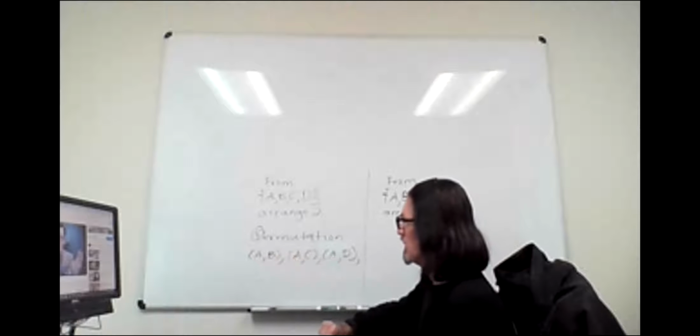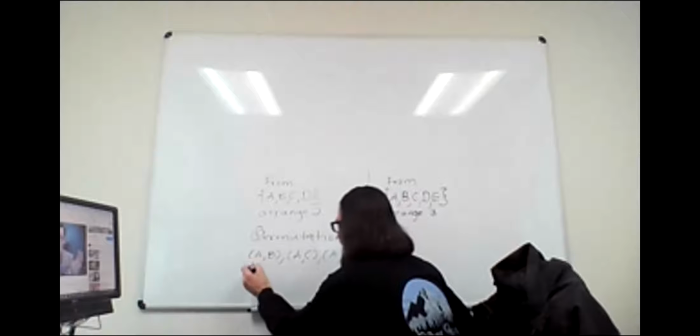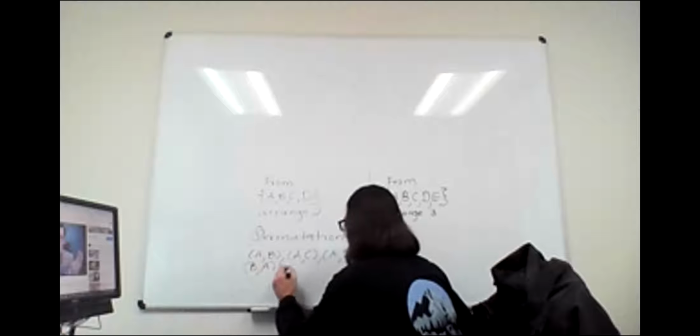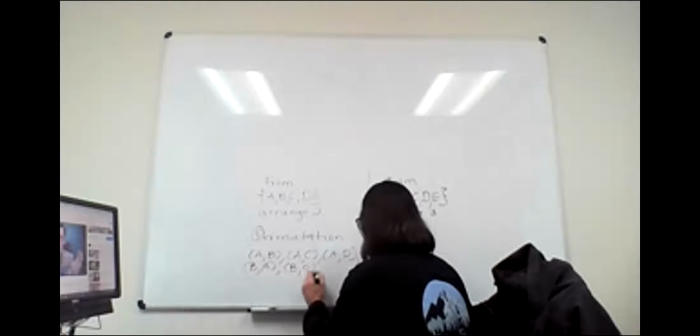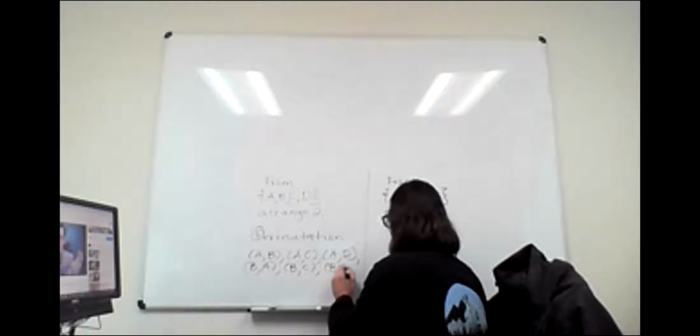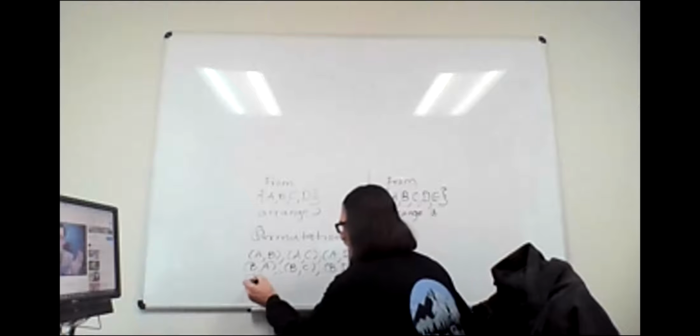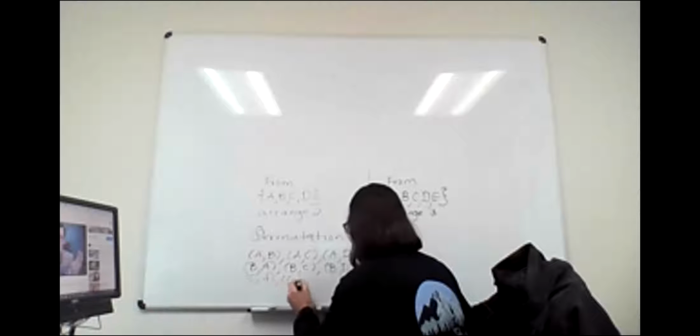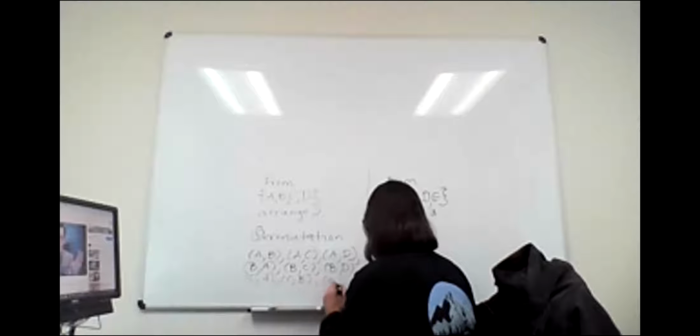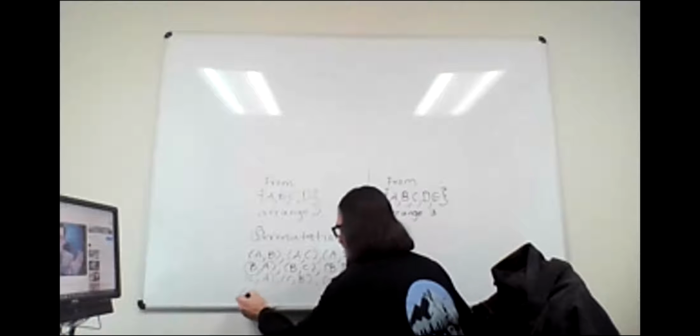And then, all the ways that B could be the leader. All the ways that C could be the leader. And all the ways that D could be the leader.